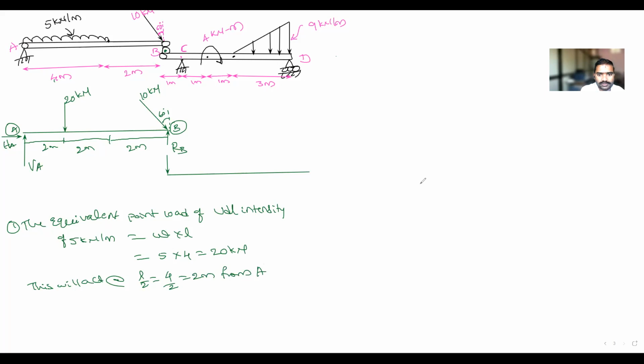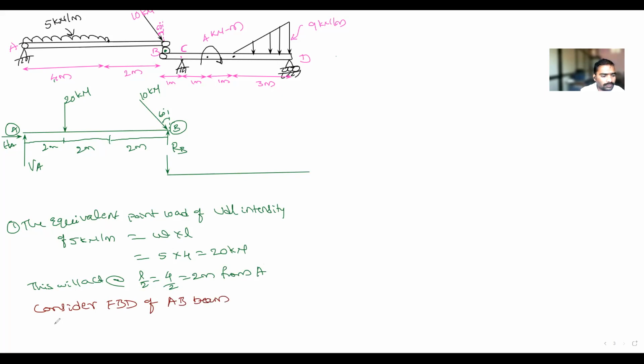Yes, sir. Next, now you can apply the equilibrium conditions. Consider the free body diagram of which beam, AB or BD? AB beam.